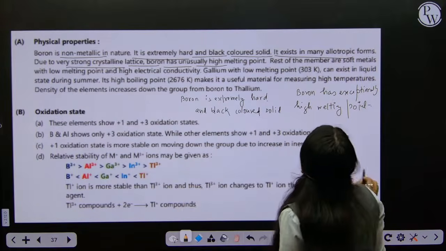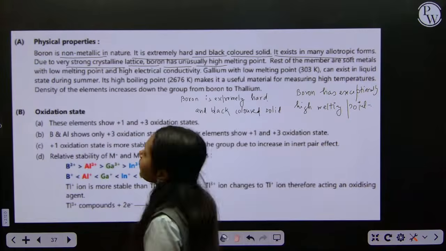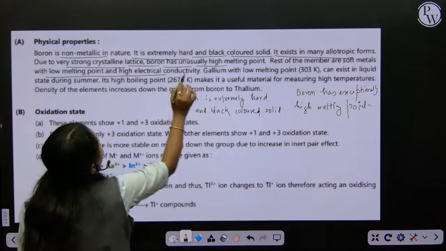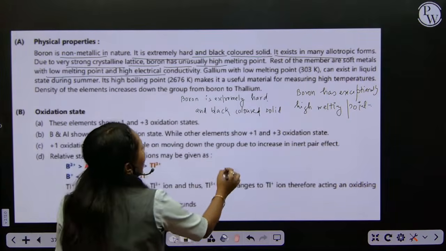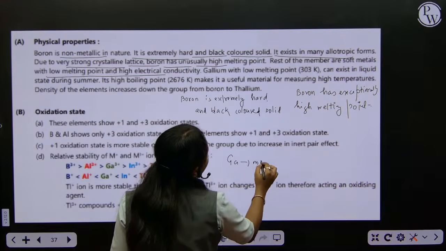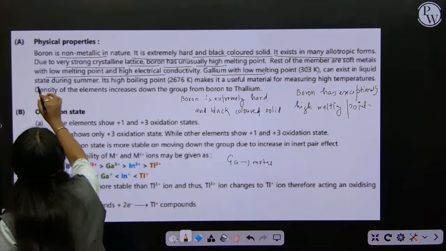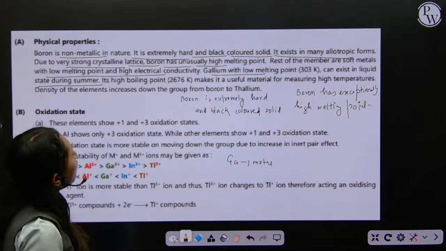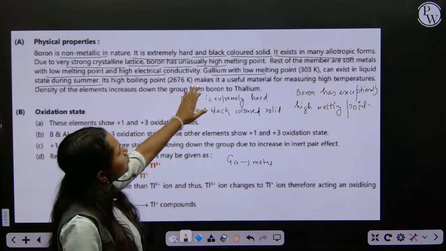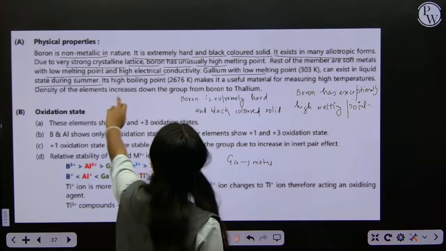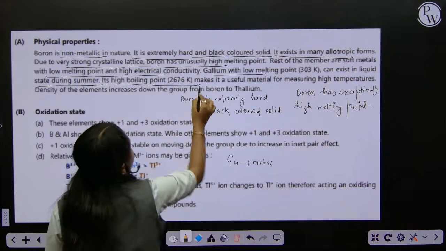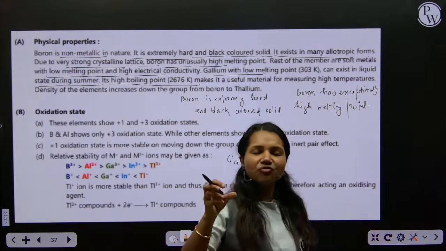Rest of the members are soft metals with low melting point and high electrical conductivity. Gallium, with low melting point, can exist in a liquid state during summer. Very important: these statements I have picked directly from the NCERT.